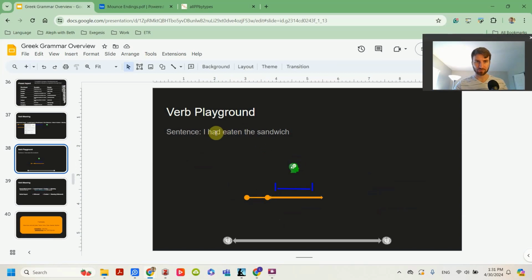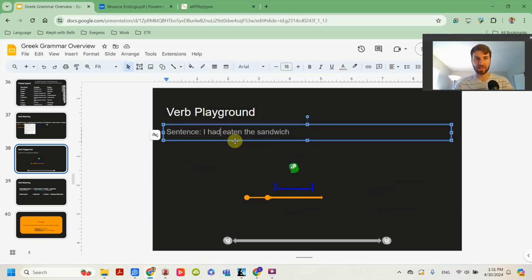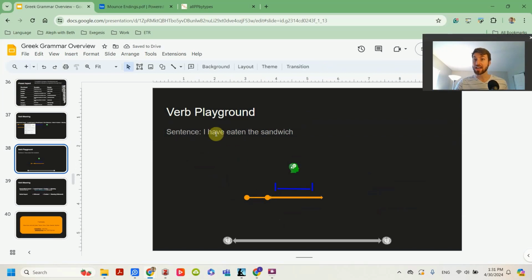So here, a perfect tense we usually translate with have. So here, I have eaten the sandwich, okay? Imagine somebody telling you, Luke, you need to eat your sandwich. And I say, I have eaten my sandwich. What I'm saying is there is a past event that is done.